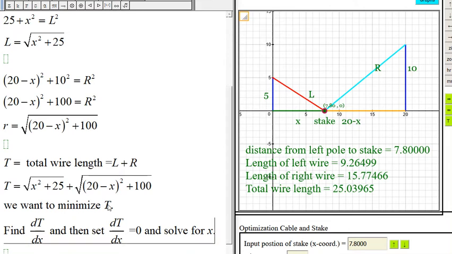If we want to minimize T, then we need to find the derivative here and then set the derivative equal to 0 and then solve for X. And that will tell us where the stake should be placed so that we end up with minimum total wire length. And so now let's take the derivative of this function right here and then set it equal to 0 and solve for X.